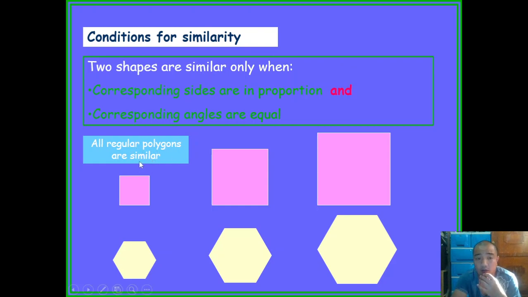All regular polygons are similar. Of course, when we say regular polygons, all the sides and the angles are congruent. So if they are congruent, they are similar also. So the small, the medium, and the large square are similar, and the small, medium, large hexagon are all similar also.